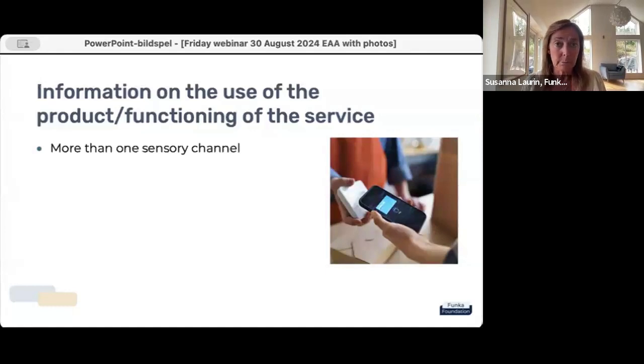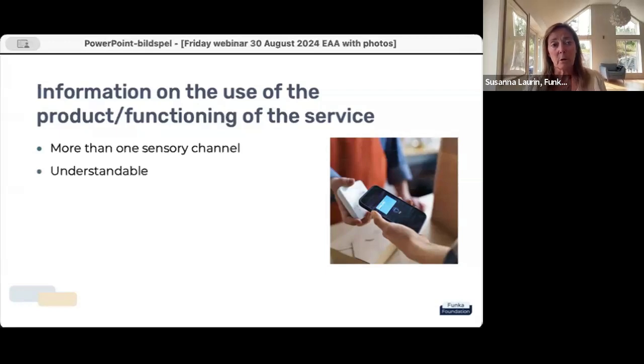We would maybe call this multimodality, but in this legislation, it's the sensory channels way of expressing it. The idea is the same. Because we have people who cannot hear, we need to caption videos and audio and so on. You need to provide the information in more than one sensory channel. That's very basic and the essence of all accessibility requirements, and specifically important here.